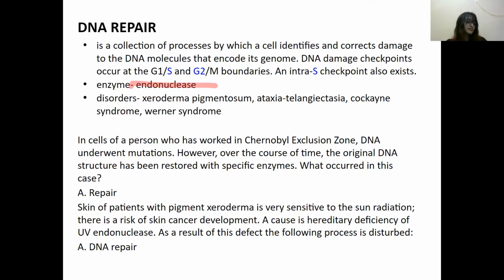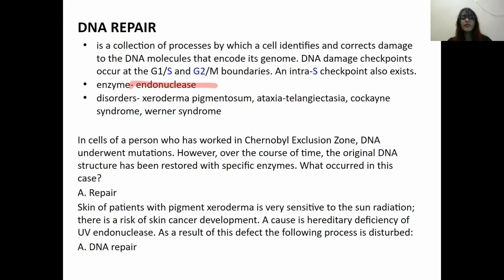So next, in the cells of a person who has worked in the Chernobyl exclusion zone, obviously there are many radiations that can lead to many mutations in the DNA. However, over the course of time the original DNA structure has been restored with specific enzymes. Obviously DNA repair has occurred.